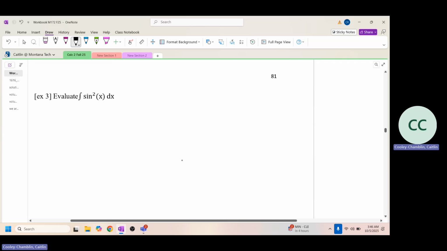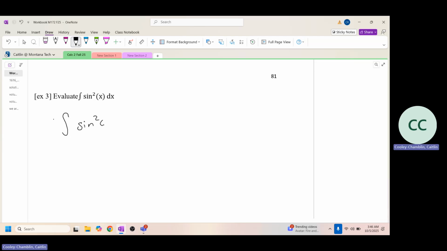Example 3 says evaluate the integral of sine squared x. So let's look at this. Let's try what we were doing before, even though it's not odd. So we're going to have sine squared x dx.